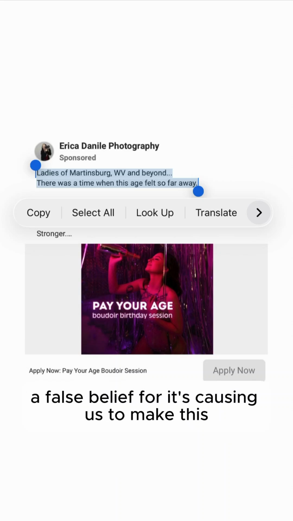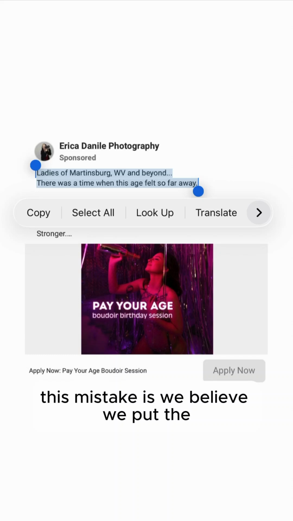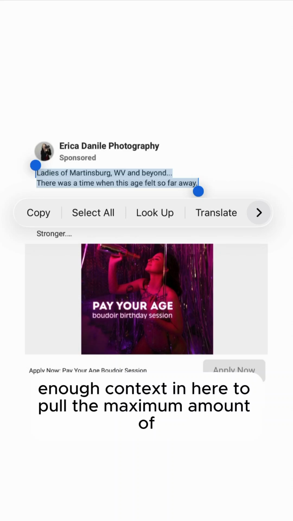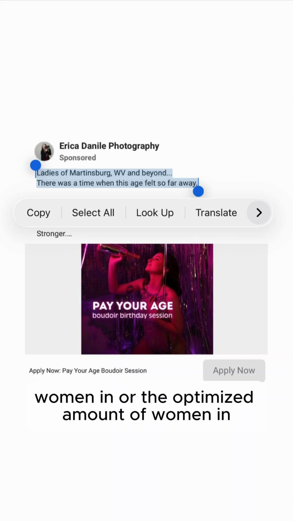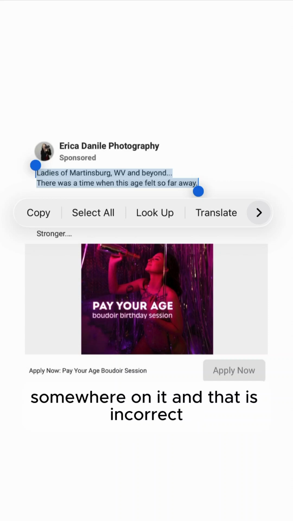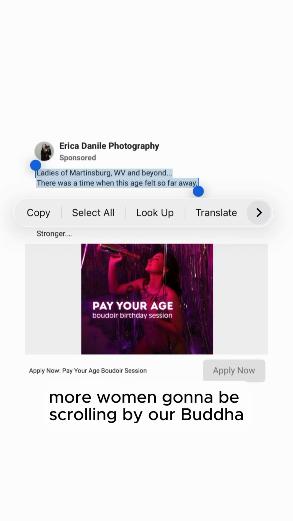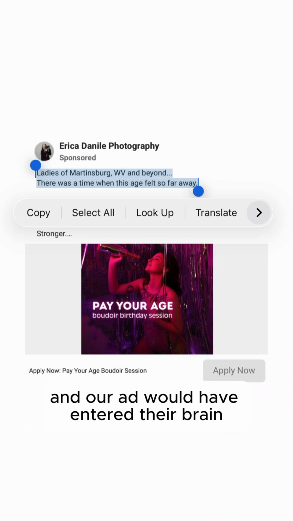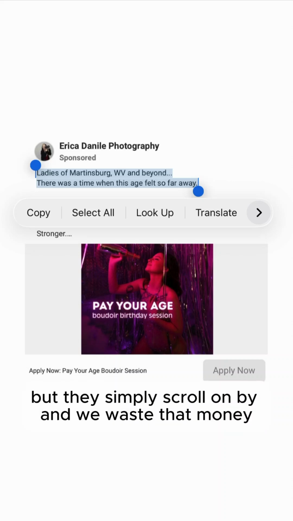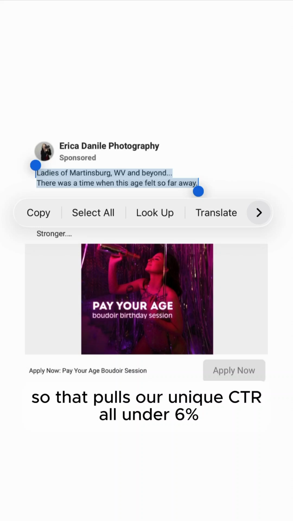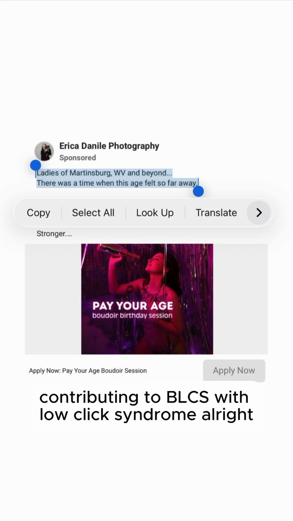The false belief that's causing us to make this mistake is we believe we put enough context in here to pull the maximum amount of women in, or the optimized amount of women in, to our boudoir Facebook ad and click on it, and that is incorrect. So the consequence is way more women scrolling by our boudoir Facebook ad than necessary, when they could have been clicker-inners and our ad would have entered their brain, but they simply scroll on by and we waste that money. So that pulls our unique CTR under 6%, contributing to BLCS, boudoir low click syndrome.